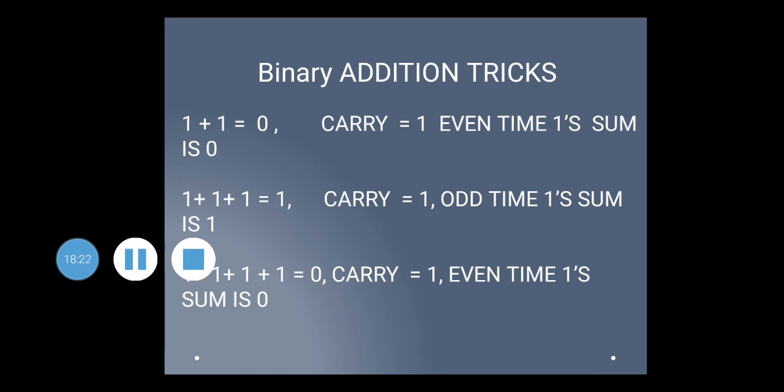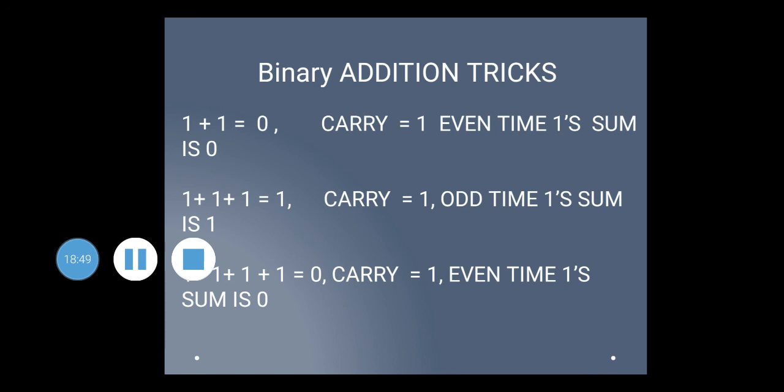And if 4 times 1 is coming, the sum is 0 but the carry is 10. So that has to be remembered. It is not needed for your addition process, because this type of problem is not involved in your syllabus.